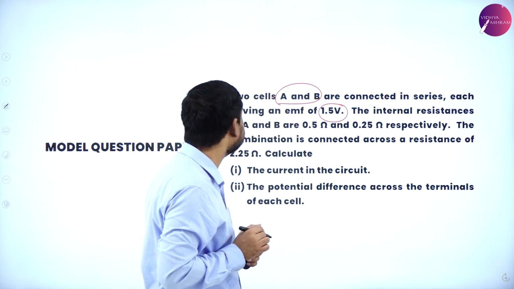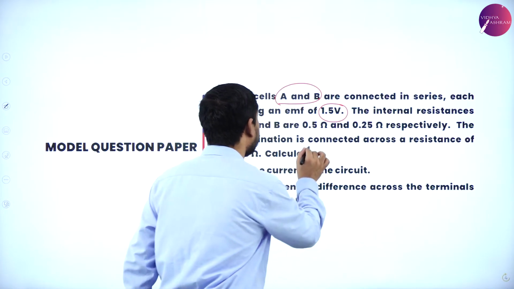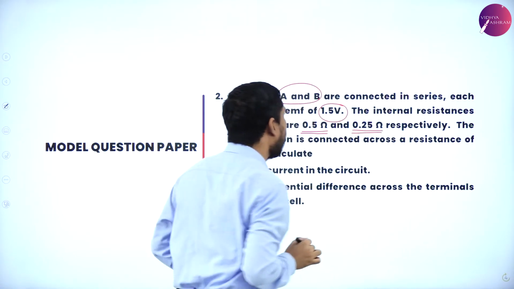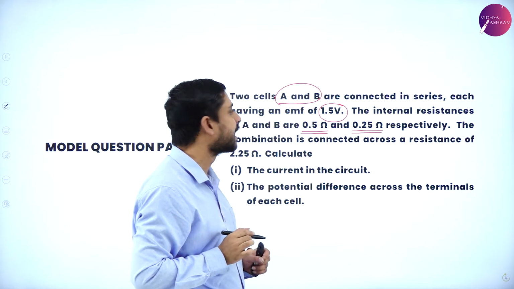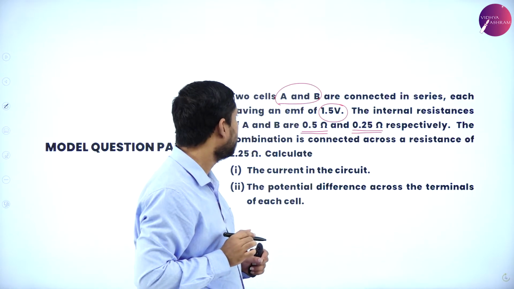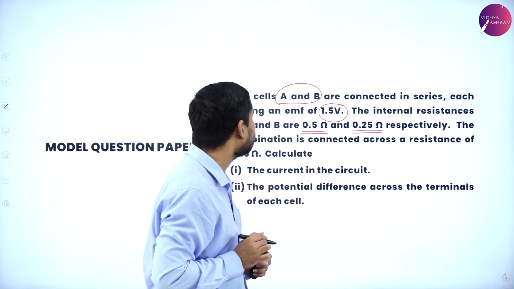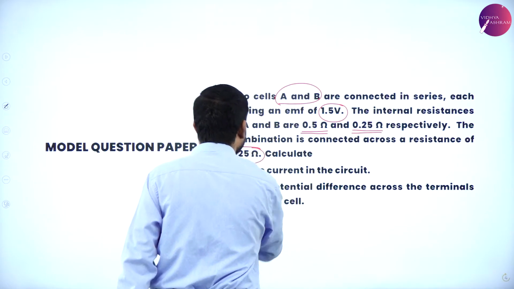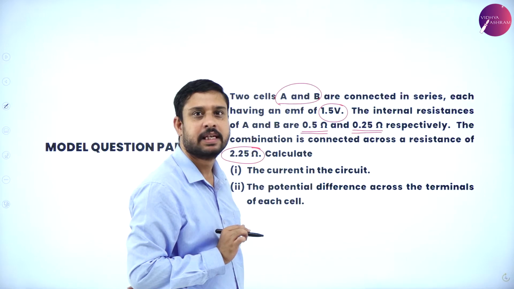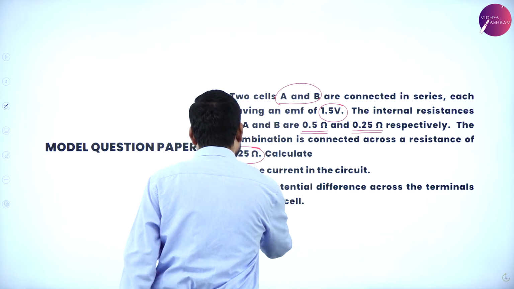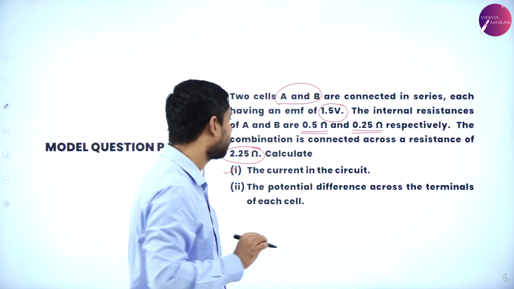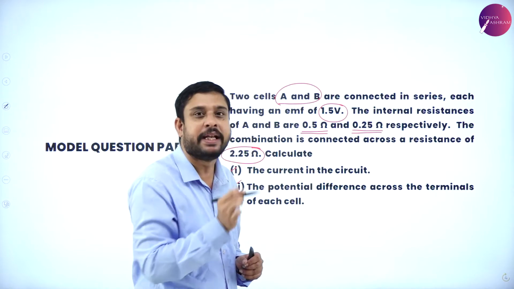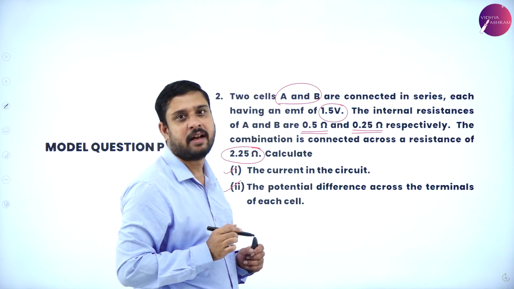The internal resistances of A and B are 0.5 ohms and 2.5 ohms respectively. The combination is connected across a resistance of 2.25 ohms. Calculate the current in the circuit and the potential difference across the terminals of each cell.